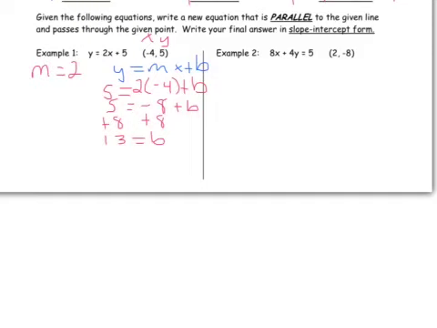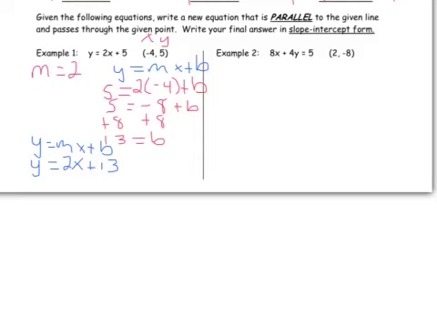So I will substitute those two values into y equals mx plus b to write my new equation that would be parallel to this first one here. Okay, so y equals 2x plus 13. So now when I compare it, the slopes are the same. They both have a slope of 2, and their y-intercepts are different, so they cross the y-axis at different points.